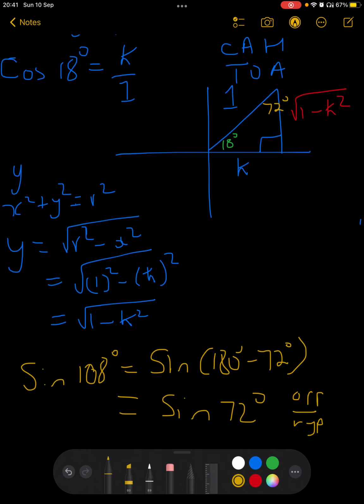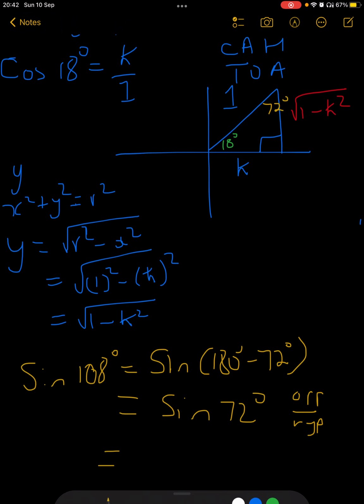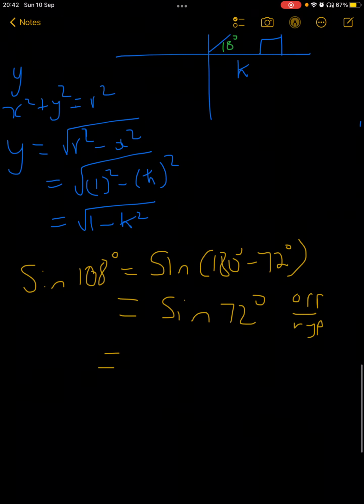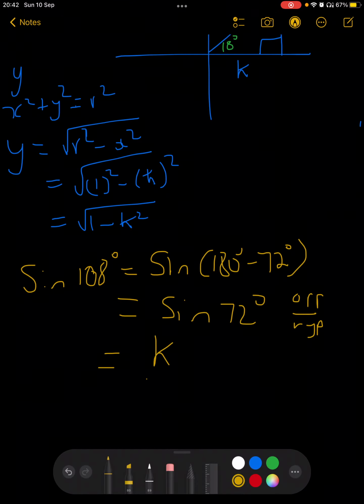When you're at 72, the opposite side is k and the hypotenuse is 1. So here we have k over 1, which equals k.